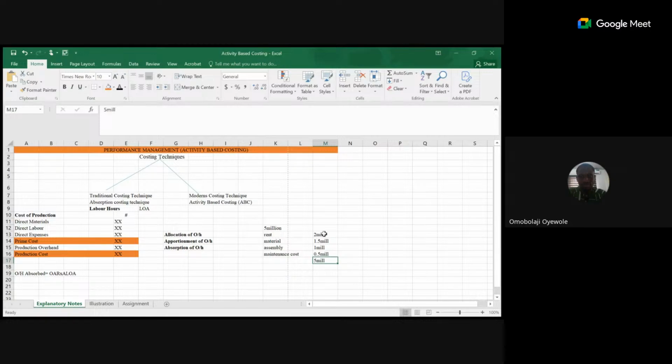We don't take into consideration each of these individual overheads one after the other. We just take the whole 5 million and absorb it on a single overhead rate, which is your labor hours.